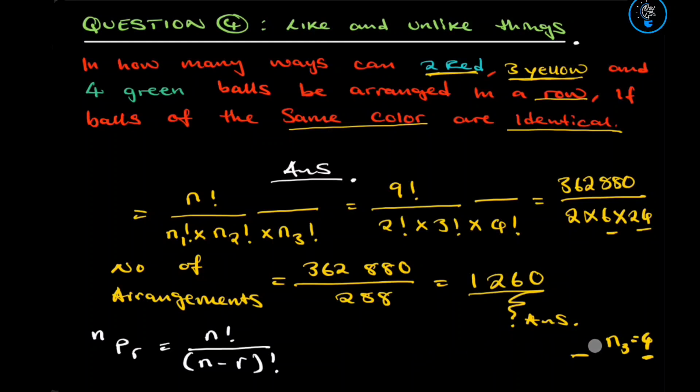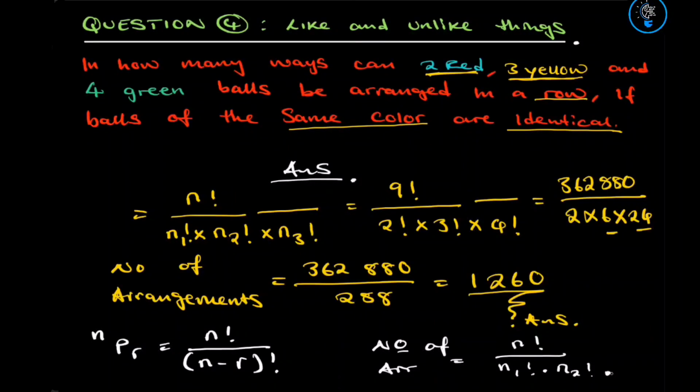But if the items are grouped, then you use this formula: n factorial divided by n1 factorial multiplied by n2 factorial multiplied by n3 factorial. So that's how you go about a question of this kind. Okay, let's handle another question that is similar to this one and see how best we can handle it using our newly introduced formula.